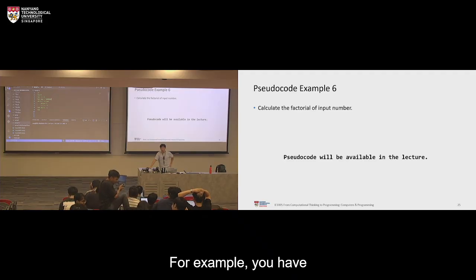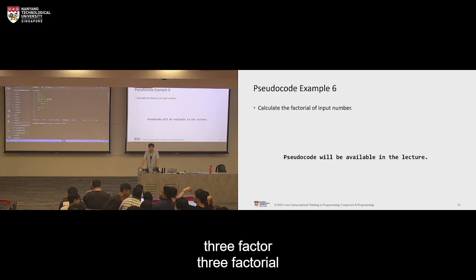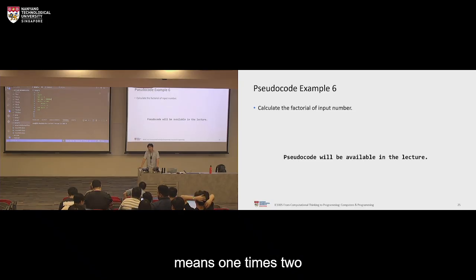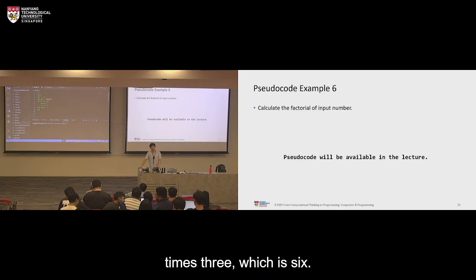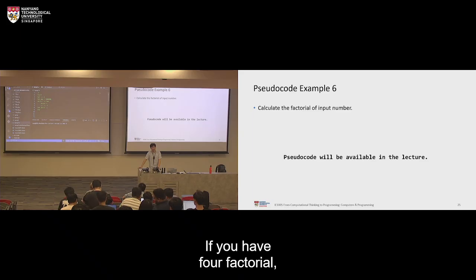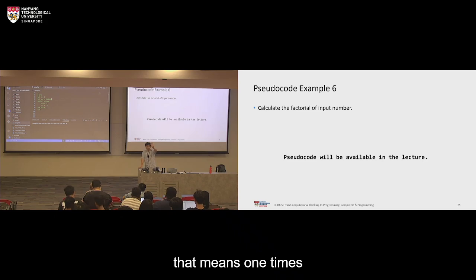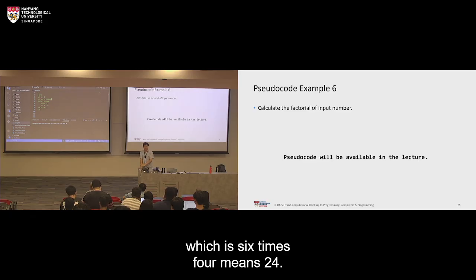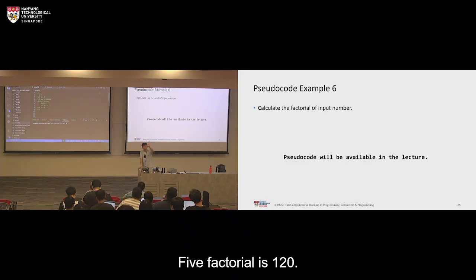So for example, 3 factorial means 1 times 2 times 3, which is 6. And if you have 4 factorial, that means 1 times 2 times 3 times 4, which is 6 times 4, meaning 24. 5 factorial is 120. Right?